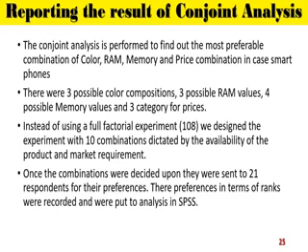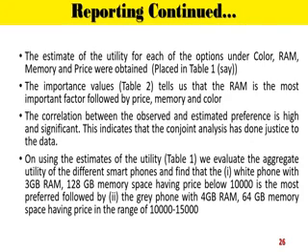Once the combinations were decided upon, they were sent to 21 respondents for their preferences. Their preferences in terms of ranks were recorded and put to analysis in SPSS. Next, the utility estimates of each of the options under color, RAM, memory, and price were obtained and placed in table 1, say.